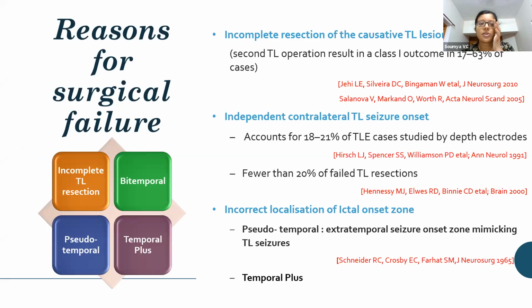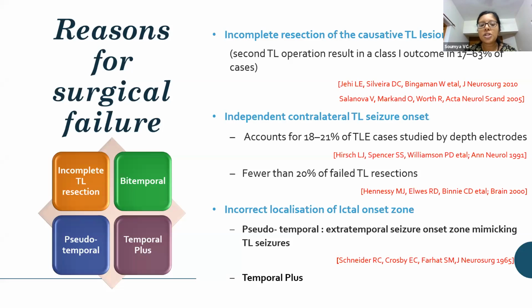There are various reasons for surgical failure in temporal lobe epilepsy. The first is incomplete resection of the pathological temporal lobe lesion. The second is an independent contralateral temporal lobe seizure onset, which accounts for around 18 to 21% of temporal lobe epilepsy cases as studied by depth electrodes, and less than 20% of failed temporal lobe resections.